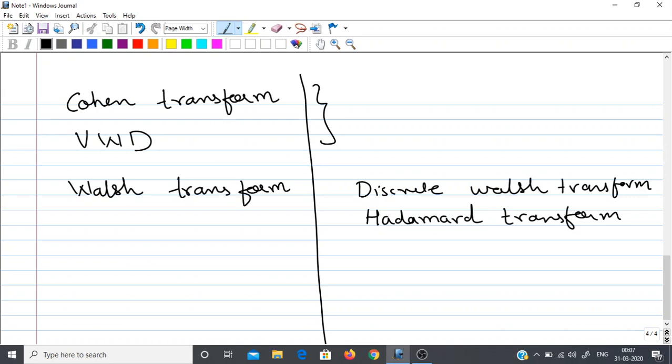Next, an important transform used for continuous time signals is called the fractional Fourier transform. I won't go into the detail of this, and there is a discrete counterpart called the discrete fractional Fourier transform.